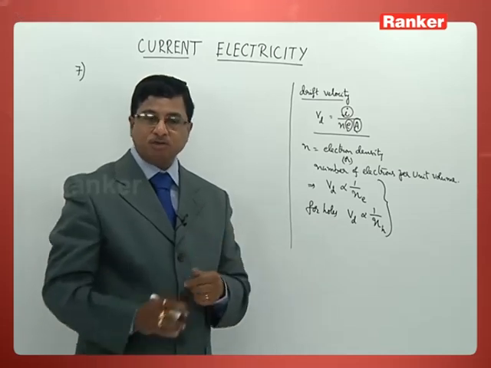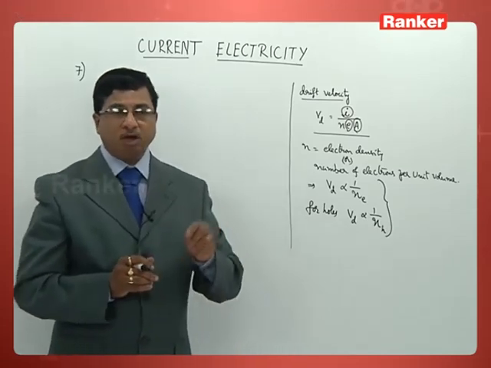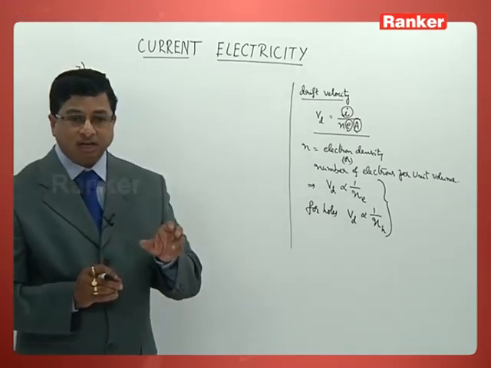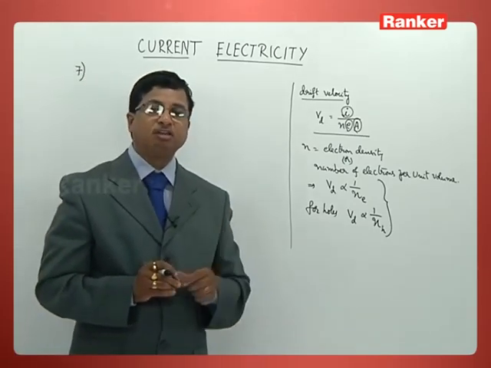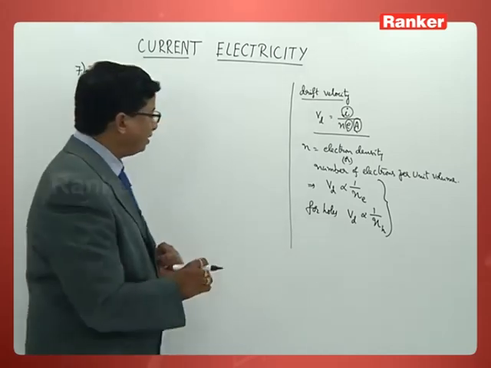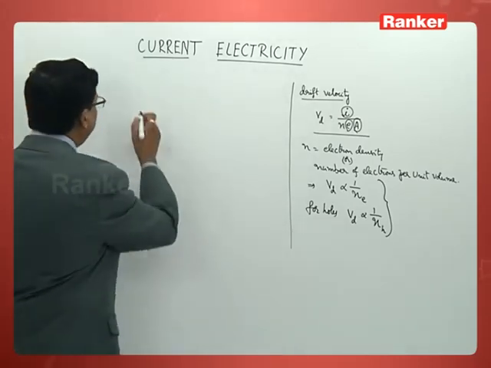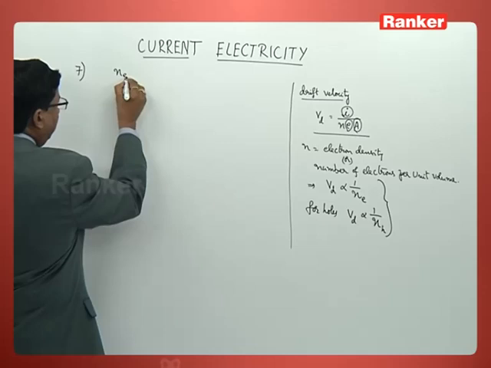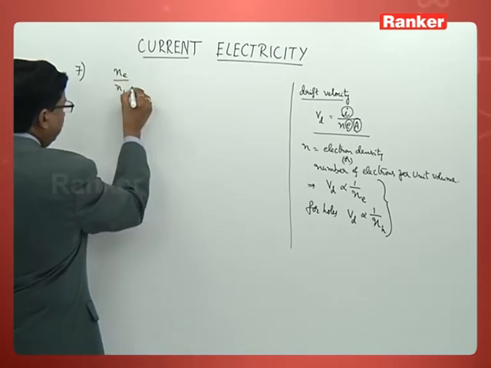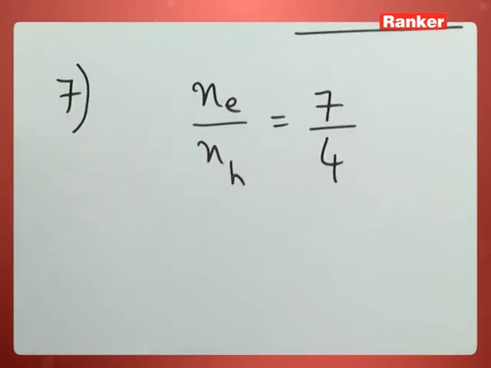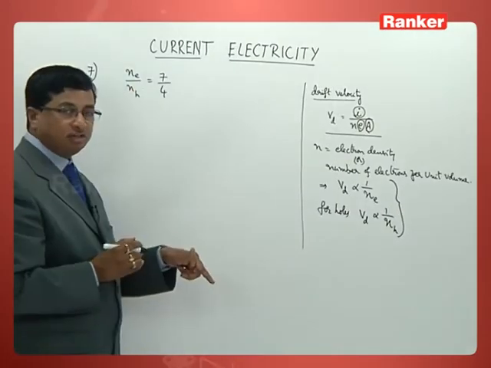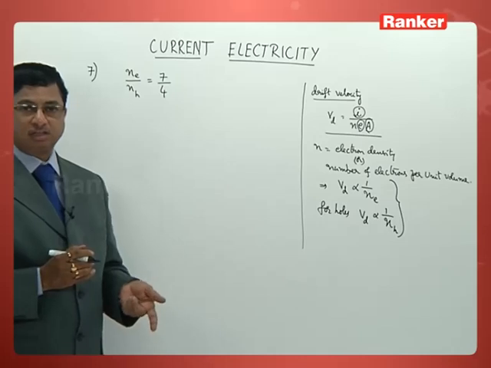I read out the question once again. The ratio of the concentration of electrons to that of holes in a semiconductor is 7/4. Concentration means, just now I have told you, Ne by NH, that is given 7/4. That is electron density by hole density.